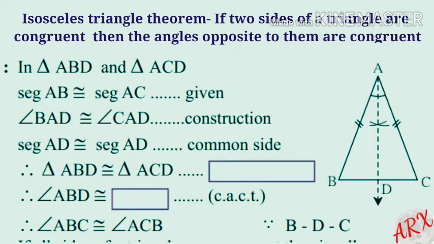Now we will start with the proof. In triangle ABD and triangle ACD, segment AB is congruent to segment AC, which is given. Angle BAD is congruent to angle CAD by construction. And segment AD is congruent to segment AD as it is a common side for both the triangles.